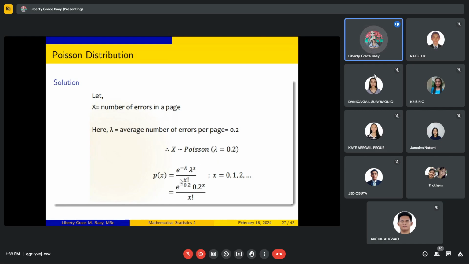Okay. So let us write its PMF, the probability mass function: e to the negative lambda, lambda to the x over x factorial. Substituting lambda as 0.2, we get e to the negative 0.2, 0.2 to the x over x factorial.